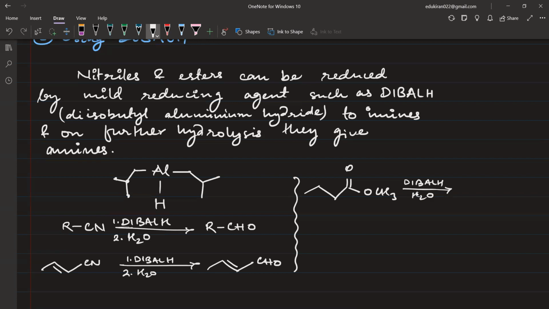Now till the carbonyl carbon, you will make the complete thing, and this carbonyl carbon will turn into CHO.